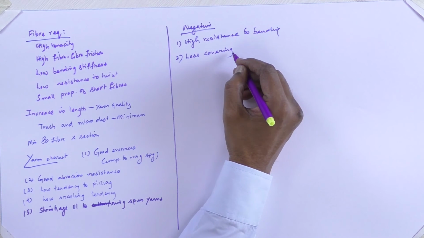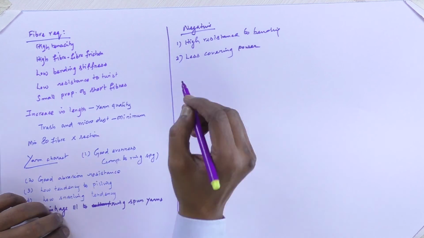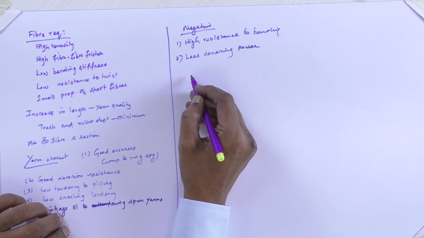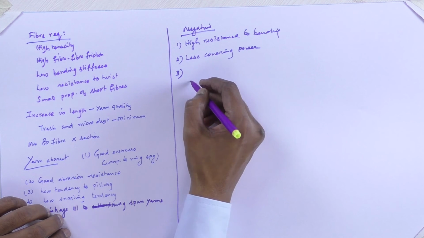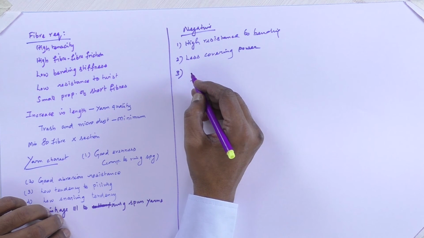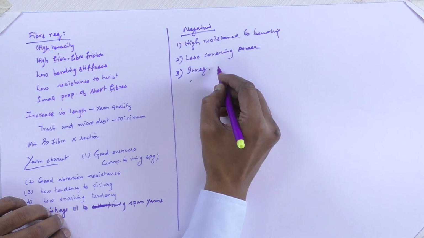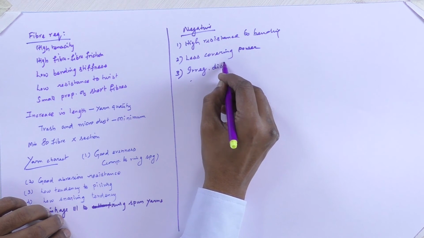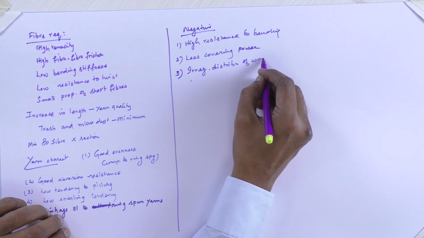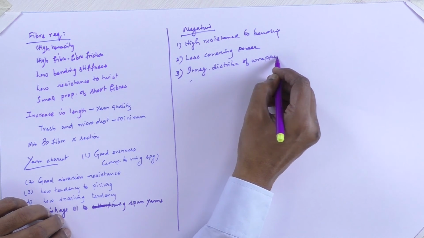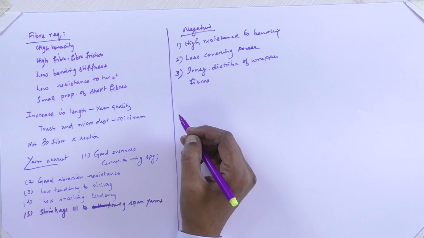That is, in other words, the yarns are not bulky. Irregular distribution of wrapper fibers. Obviously, because of this wrapper fiber distribution, the properties will be different.